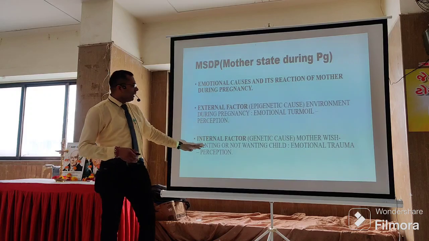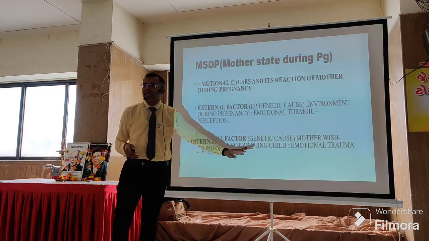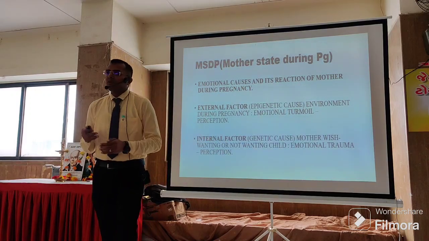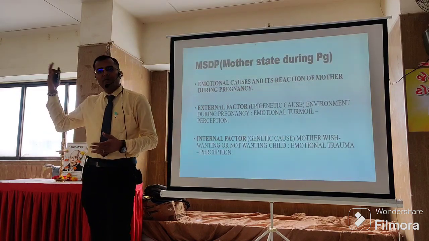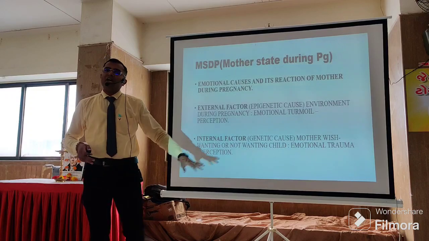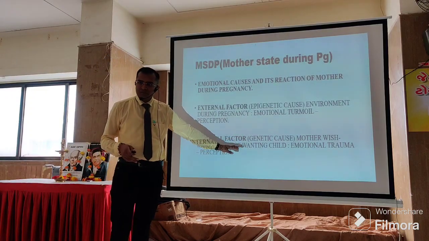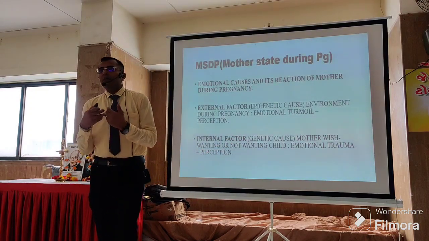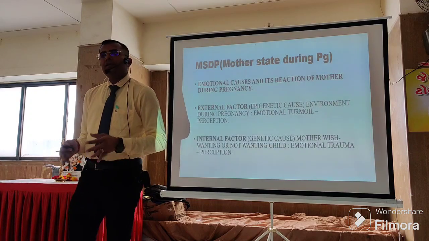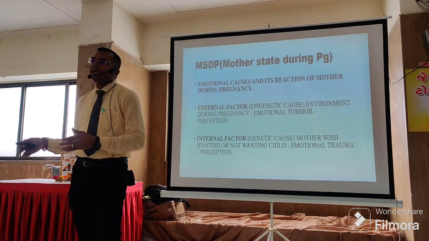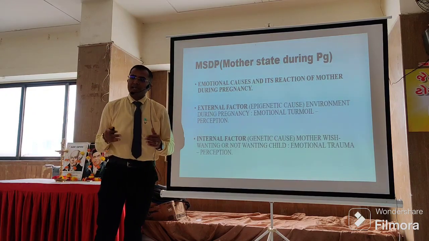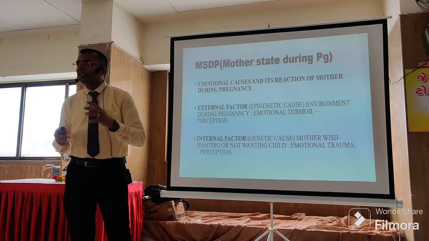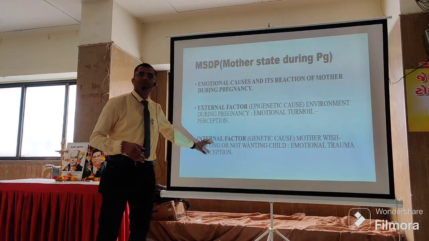Are you getting me? And the genetic factor means the internal factors, which are based on the emotional trauma the mother has perceived previously, and the mother wanted, I don't want this child. Or sometimes an unwanted pregnancy was there. She was not wanting the child, and the in-laws and the parents wanted her to continue, and in this the conflict goes on, and that conflict creates a certain havoc in the children.